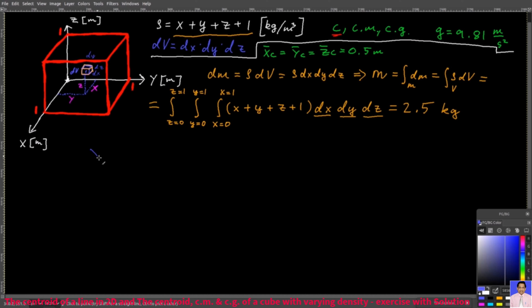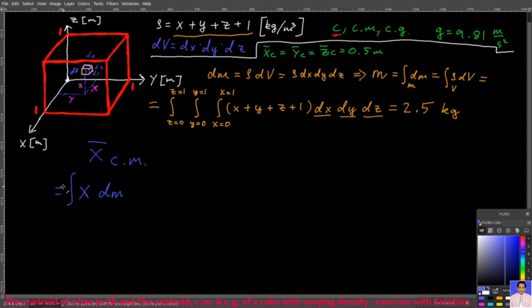And now, in order to find x bar cm, which is the center of mass of the x dimension, we need to take a differential mass and we need to multiply it by its x location. And then we have to integrate all that, because we have to take every single differential mass in this cube and multiply it by its corresponding x value, and then we have to sum up all these differential products together with this integral.